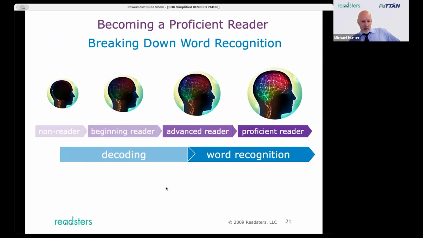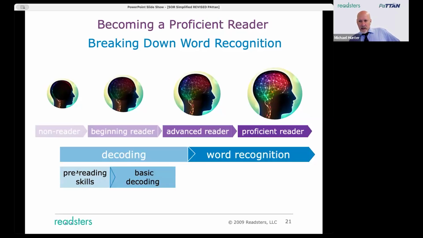And we're going to break this down a little bit. We know that for decoding, there are some skills that predate even being able to decode. And this goes back to our question of letter names and letter sounds. That's a pre-reading skill, so that would be taught here at the beginning.